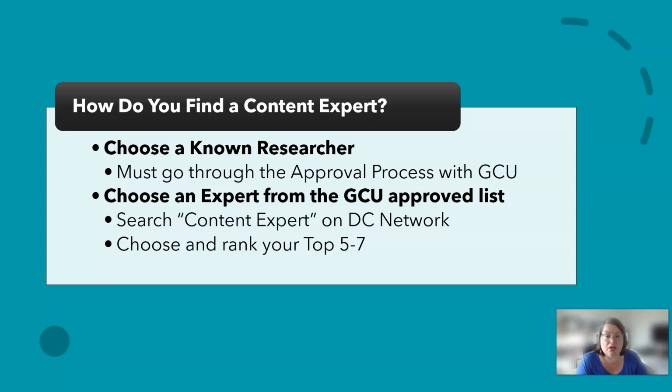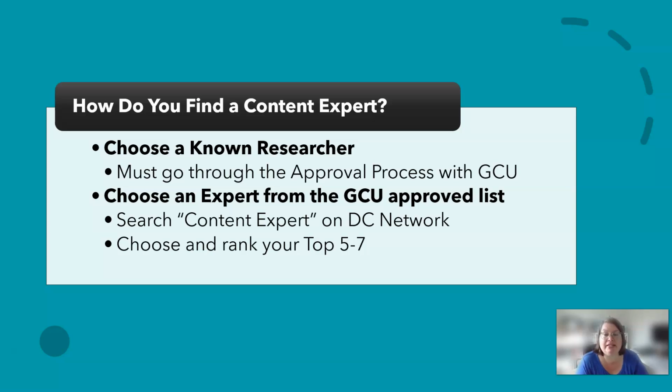So if you go onto the DC network and you search content expert, you will find a document that includes all of the approved content experts, their contact information, and also their areas of expertise. Okay? And you can go through that list and you can select whomever you'd like to reach out to.